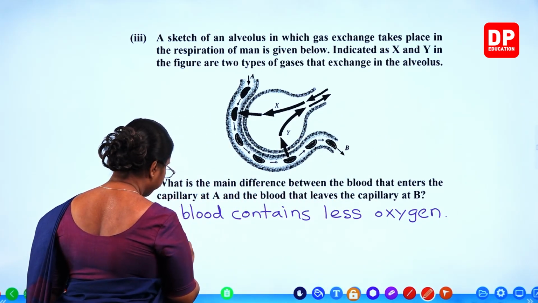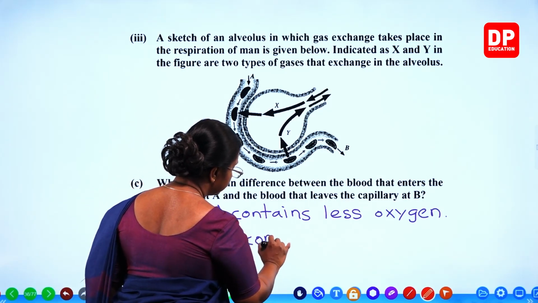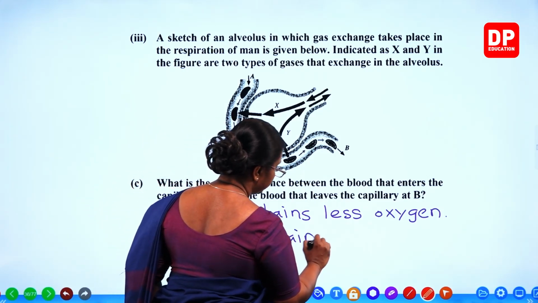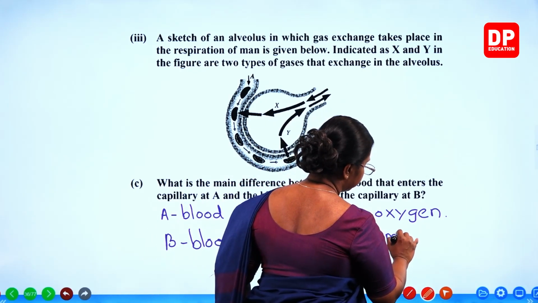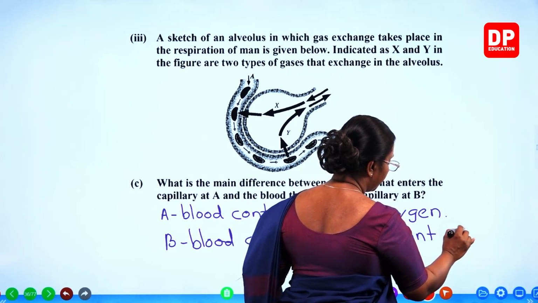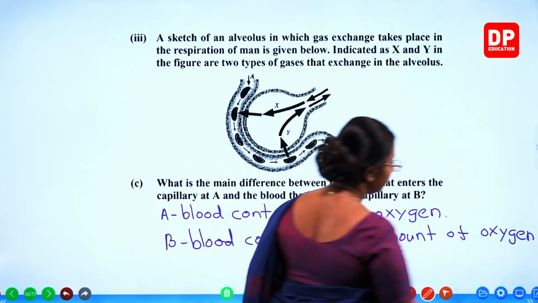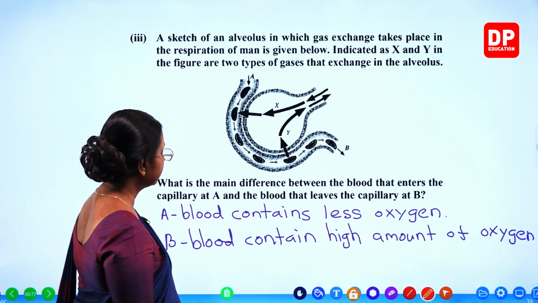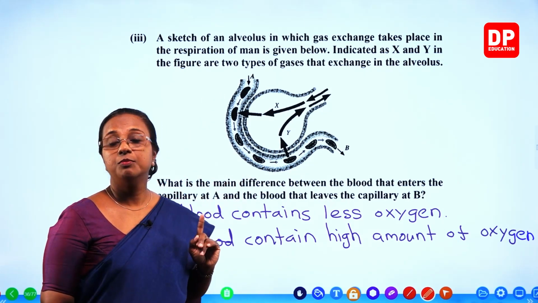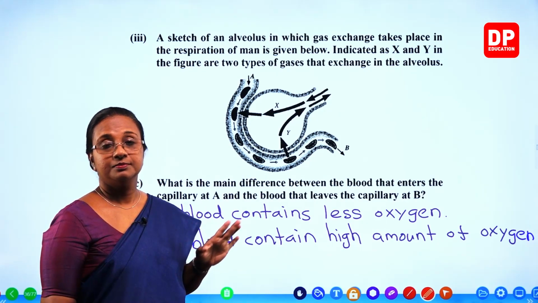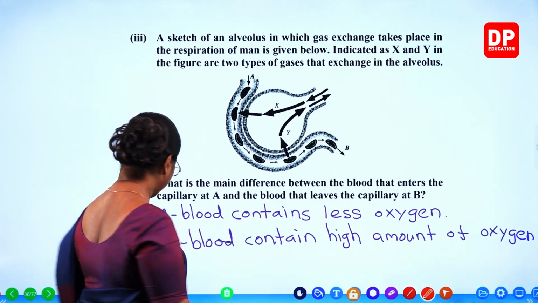Here B blood contains a high amount of oxygen. If you write that, that is correct. So A, less oxygen, B, more oxygen. Is that clear, students? So with that, the next part of the question.